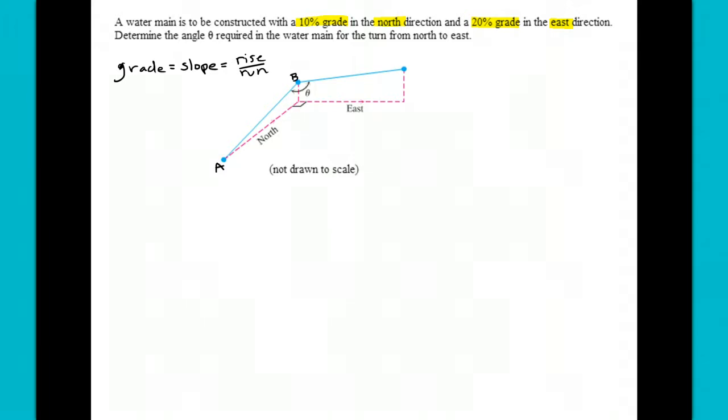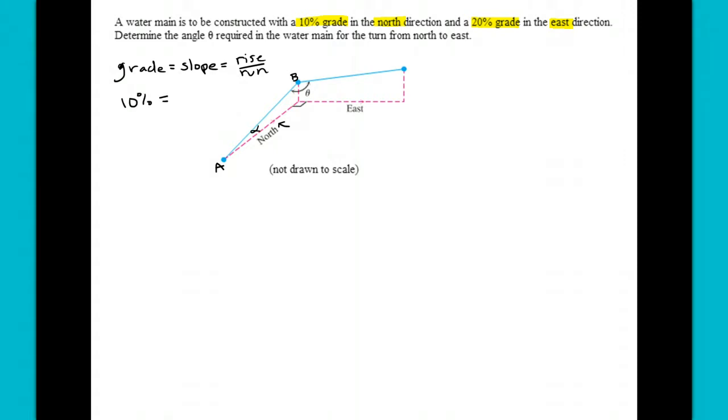in the north direction. See the arrow? It's very small, but there's a little arrow here on the dotted line. So in the north direction, north is this way. So this angle here, let's call it alpha, will make a 10% grade. Percentages do us no good.